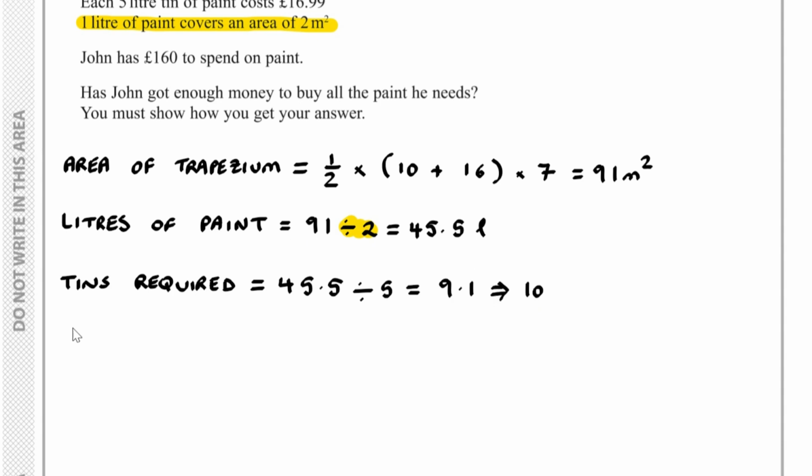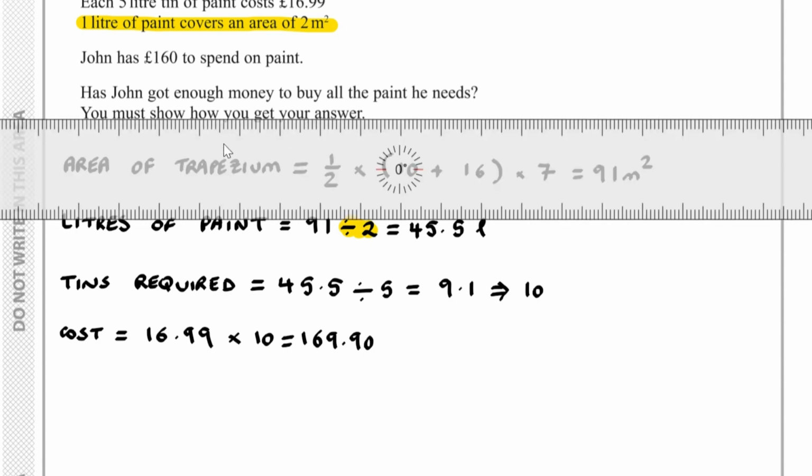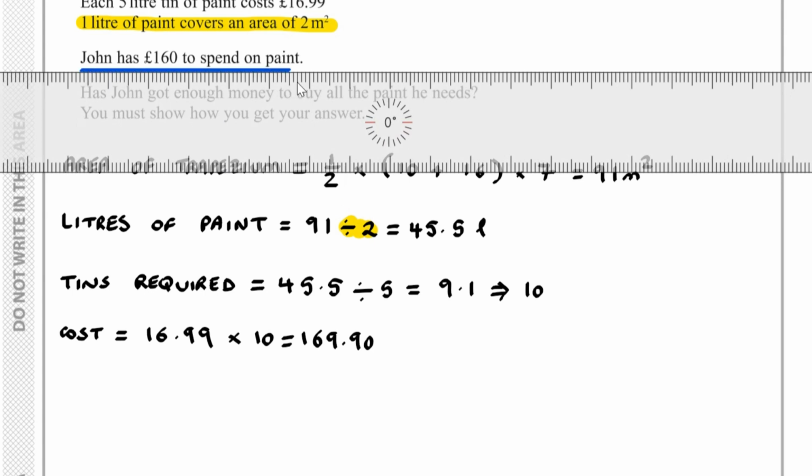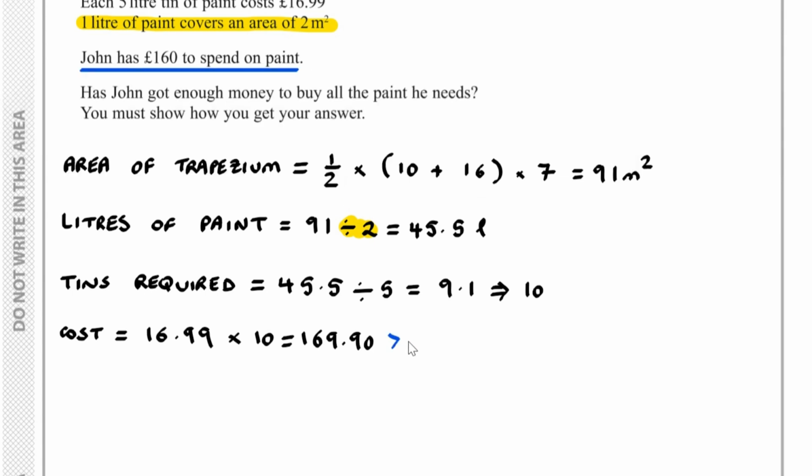And therefore the cost, we've got £16.99 multiplied by 10, which is £169.90, and this is greater than the £160. And does he have enough money then? Well, he does not have enough money.